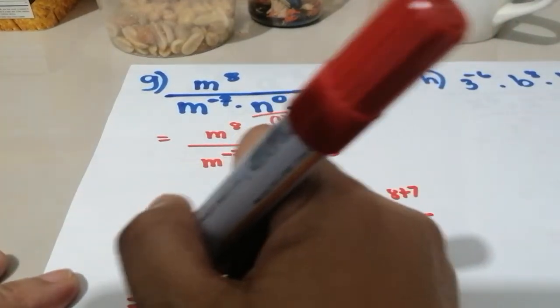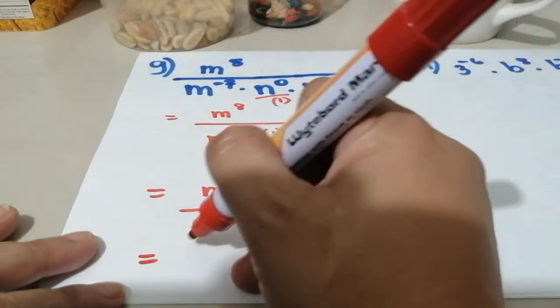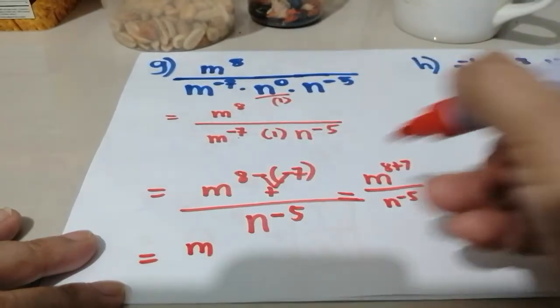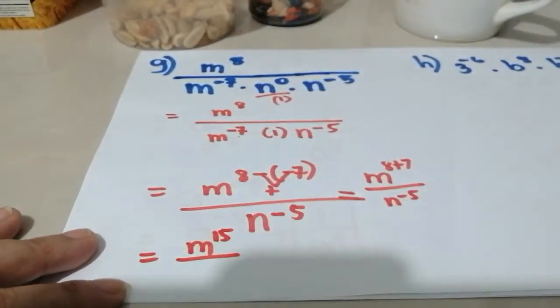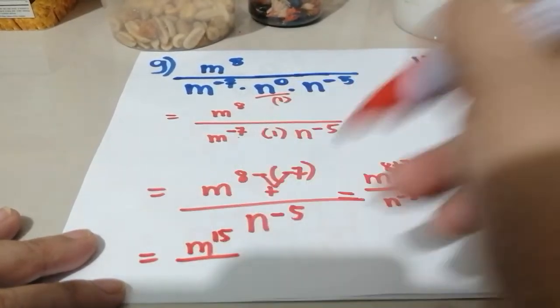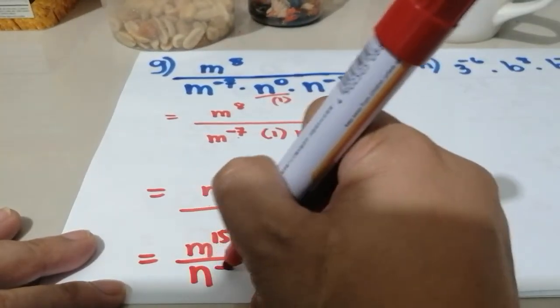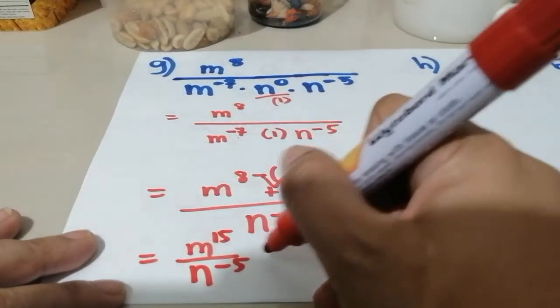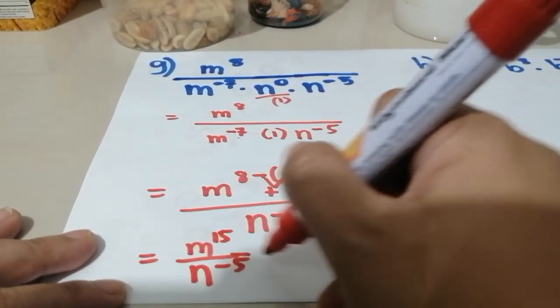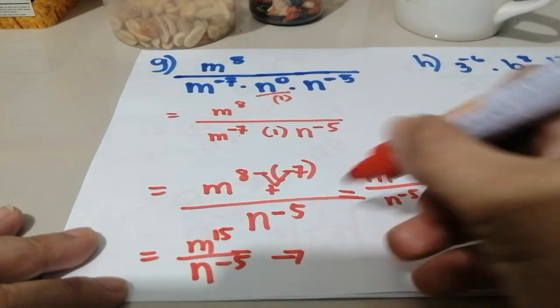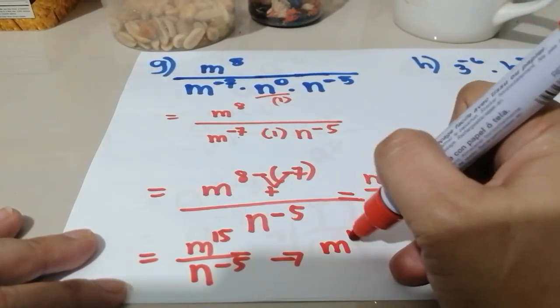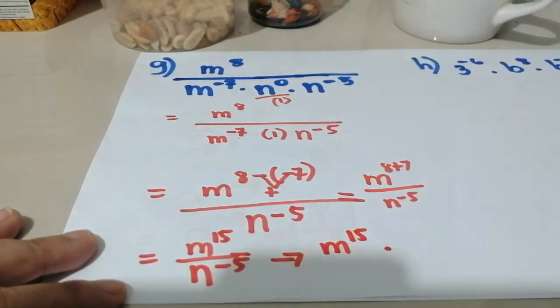Okay, simplifying this, that will be m raised to the 15th power over n negative 5. So, next, n negative 5. Paano natin siya magiging gagawing positive? So, that will be m raised to the 15th power times what?